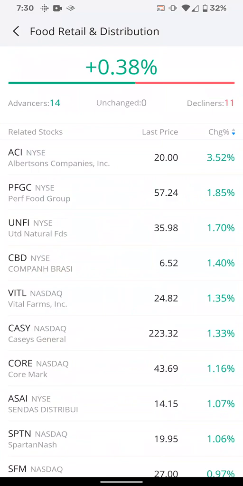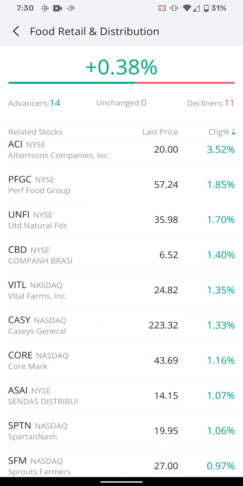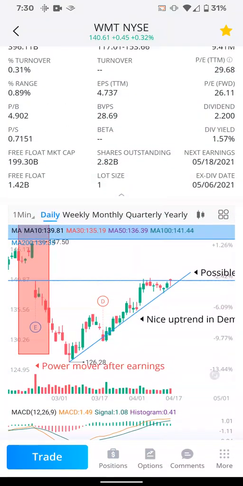If it was moving solo, Walmart would be either green or red, and the other stocks in that sector would be the opposite of Walmart, but bunched in. So you'll have about, I don't know, 10 green stocks and Walmart is the only red stock, or vice versa. So you can see that Walmart is moving as a unit, which is good. That lets me know that the retail space is going up.